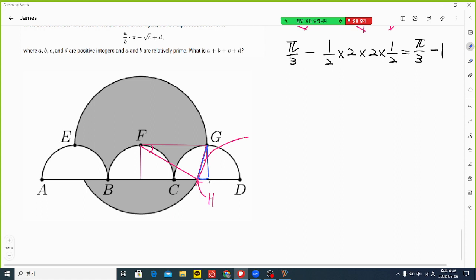And then we can find the length of GH using the law of cosines.